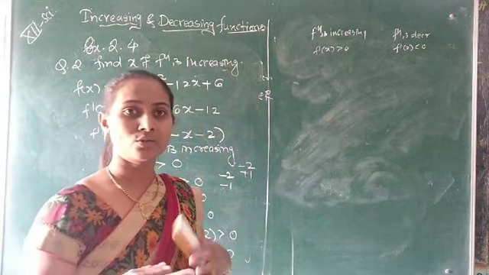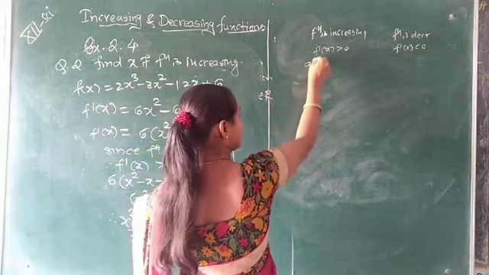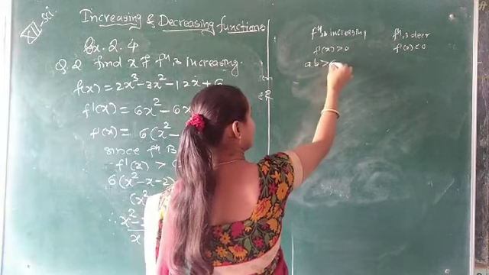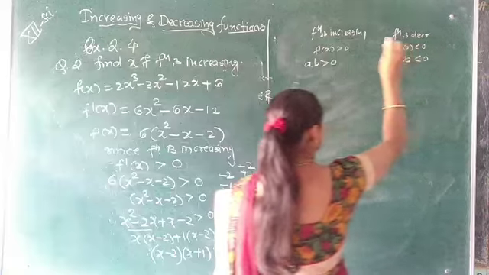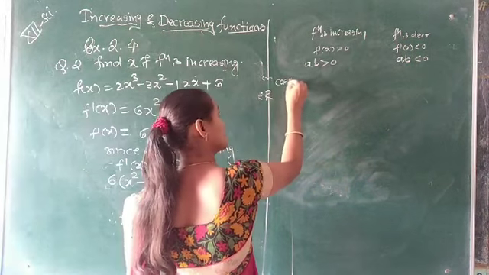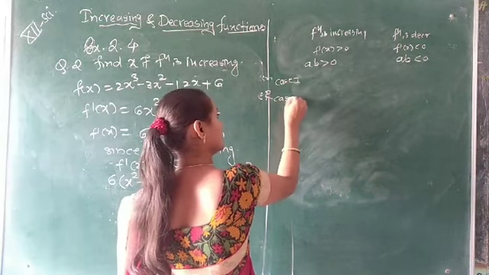And if we have two factors of this f dash of x, that is a into b, then for increasing ab is greater than 0 and for decreasing ab is less than 0. So we will consider two cases, case first and case second.